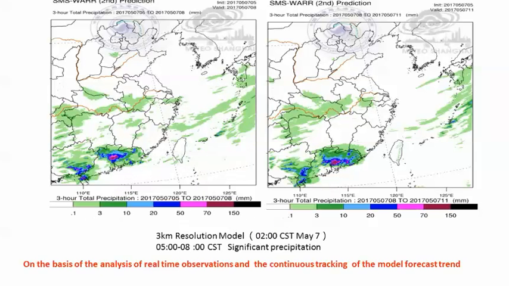On the basis of the analysis of real-time observations and the continuous tracking of the model forecast trend, we have confidence in the high possibility of heavy rain in the middle of Guangdong.